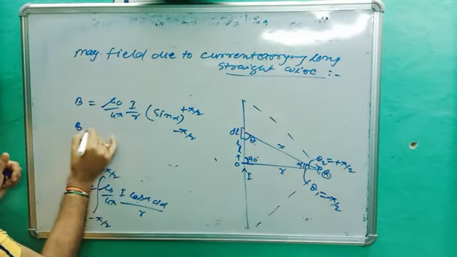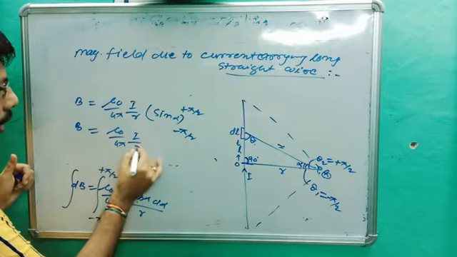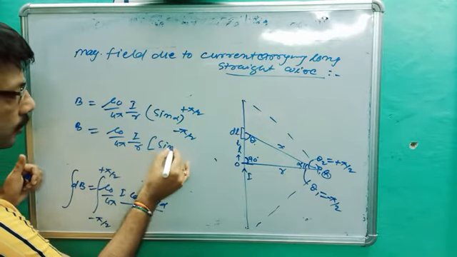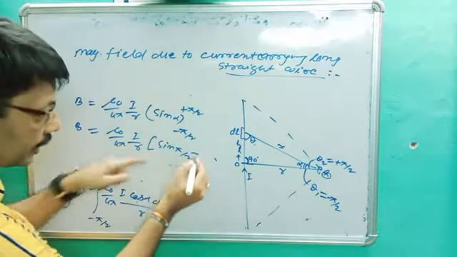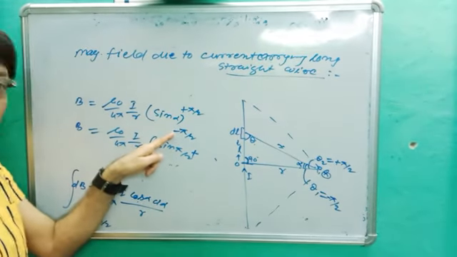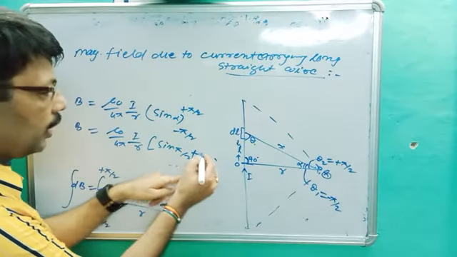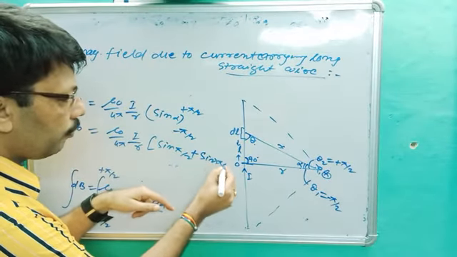We will get B is equal to mu naught upon 4 pi, I upon R, into sine pi by 2 minus sine of minus pi by 2. Sine of minus theta is equal to minus sine theta, so the minus and the lower limit minus become plus, and again sine pi by 2.